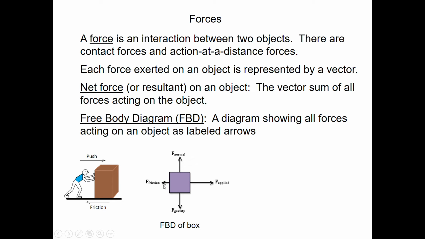So there's an applied force, and there's a friction force going back. Gravity, of course, the Earth is pulling down on the box, and we'll talk about that force quite a bit later on. But we know that gravity is trying to pull the box down towards Earth, and the floor is getting in the way, so there's a gravitational force in the downward direction. If there weren't any other vertical force, the box would start moving downward.